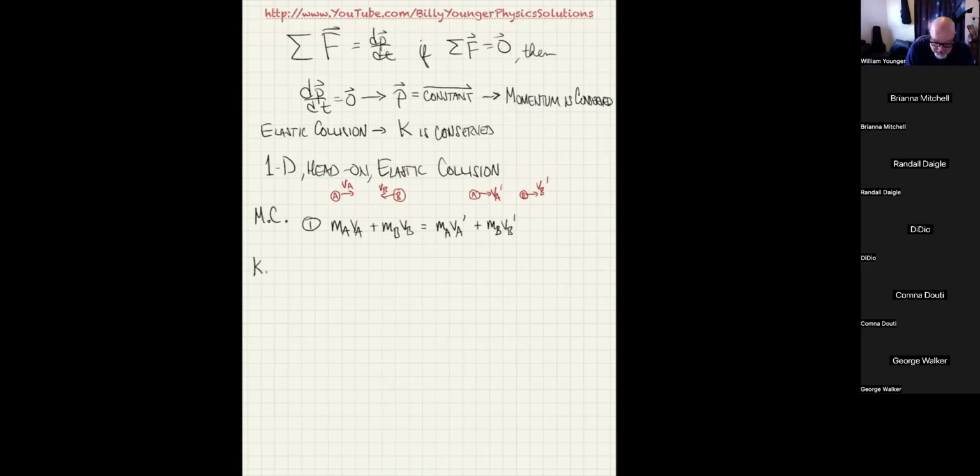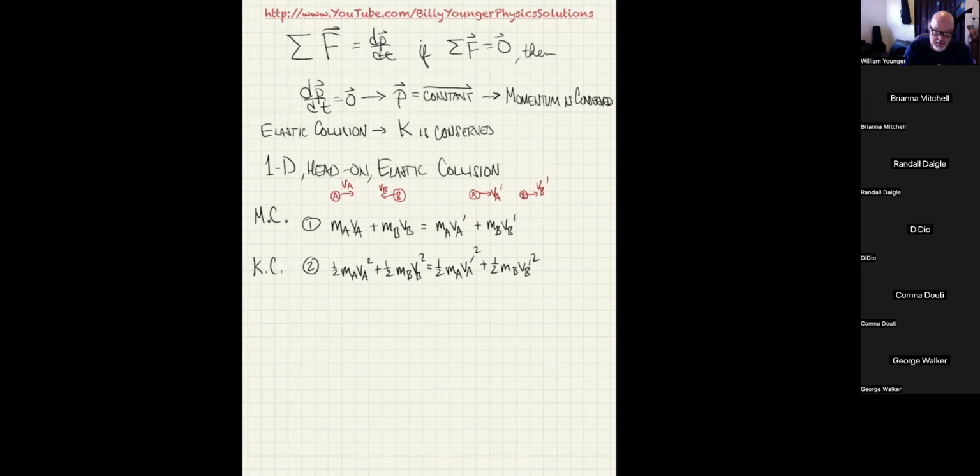Kinetic energy conservation, KC, is going to be this equation: 1/2 MA VA squared plus 1/2 MB VB squared is equal to 1/2 MA VA prime squared plus 1/2 MB VB prime squared.